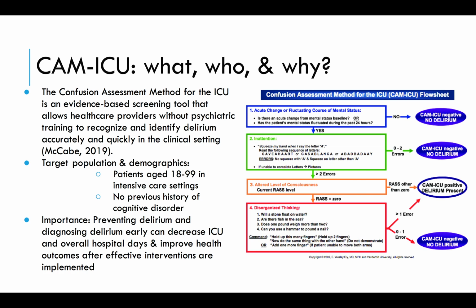The RASS ranges from very sedated or unarousable to dangerously agitated. Then you're also assessing disorganized thinking by asking a patient different questions and getting answers, and then just following the flow sheet for answers, no or yes, or depending on the amount of errors, and getting a CAM negative or CAM positive result.